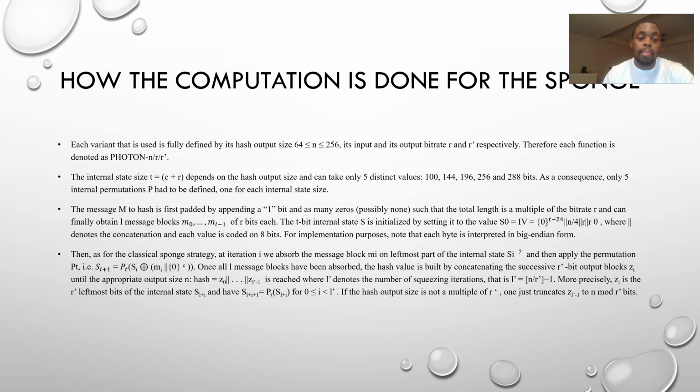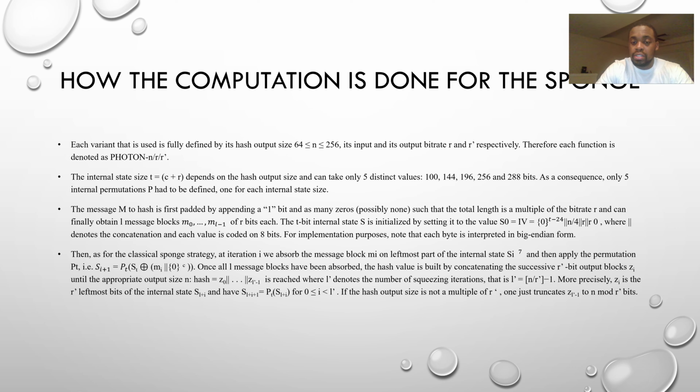The message M to hash is first padded by appending a 1 bit and many zeros, as previously mentioned, such that the total length is a multiple of the bit rate, and we finally obtain message blocks m_0 to m_(l-1) of r bits each.